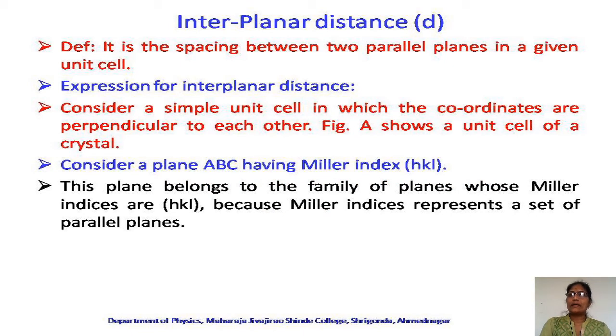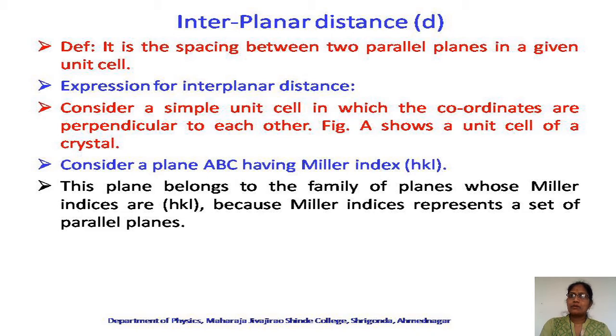As we know, in a crystal there is a regular periodic arrangement of points in three-dimensional space. If we draw an imaginary line passing through these points, then these are called atomic planes. These planes are randomly oriented in the three-dimensional structure.